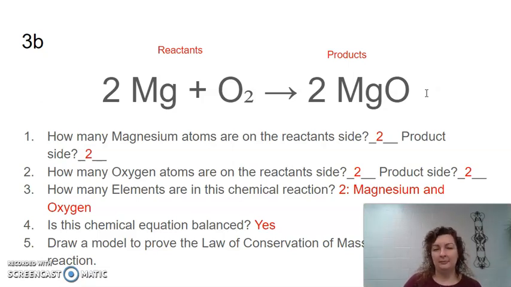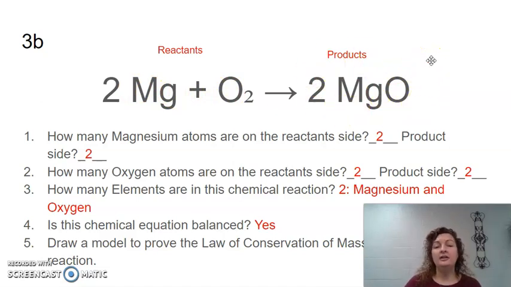If this was a math problem, like 2 plus 2 equals 4, the product would be 4. You guys know product is like if you multiply something, we call it a product, the answer. If you want to think about it that way, by all means go ahead, because usually what you're actually producing from the chemical equation is the product. So this would be the product side in this case. We're combining magnesium and oxygen, and this is what we're getting out of it, magnesium oxide.